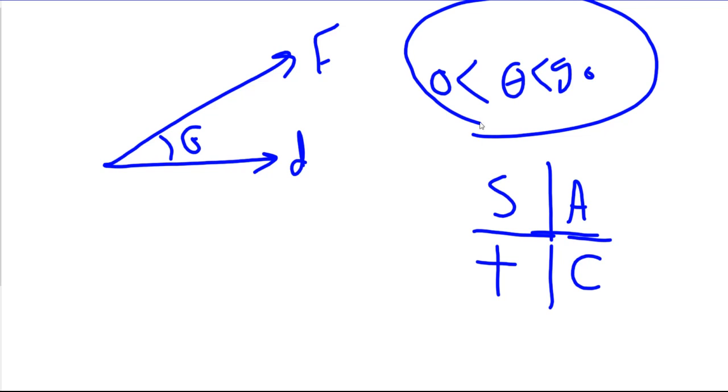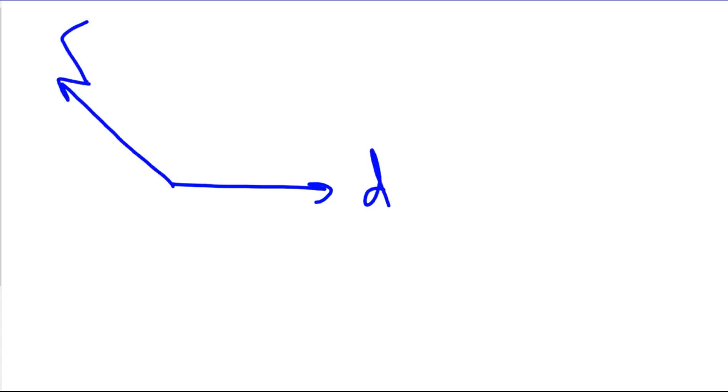the work done is positive. When is the work done negative? When the angle theta is greater than 90 and less than 180. Here is the displacement, and here is the force.